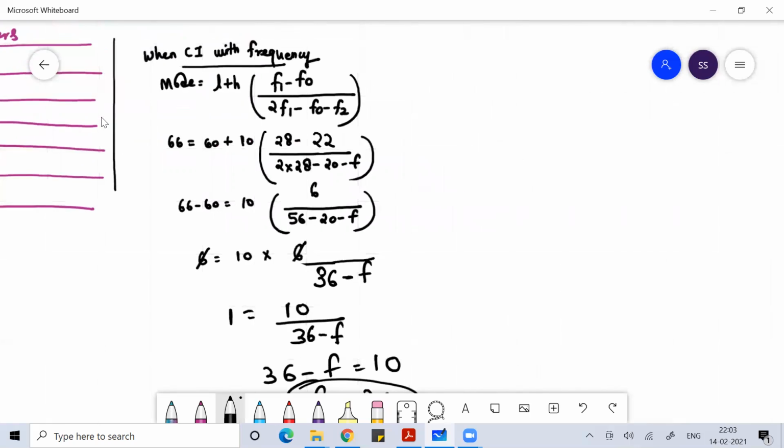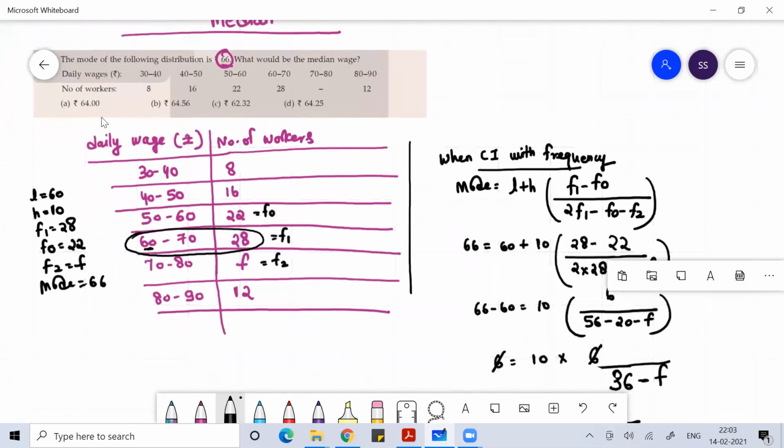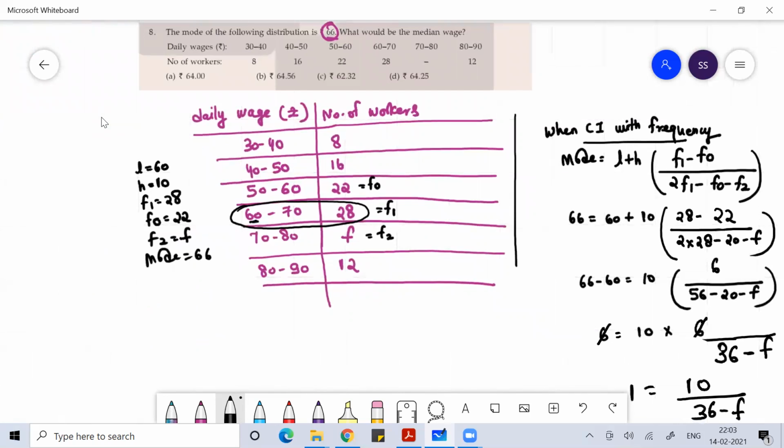Now, once you get the value of f, you can find the value of median very easily. Once you get the value of f as 26, you can find the less than cumulative frequency for the median.